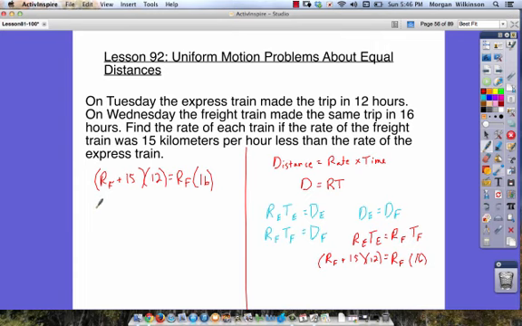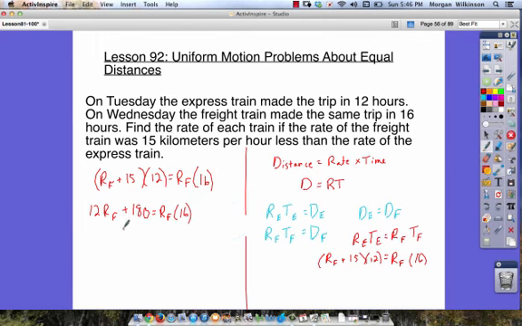We're going to use the distributive property to say 12 times the rate of the freight train plus 15 times 12. 15 times 10 is 150, and 15 times 2 is 30. So 150 plus 30 gives us 180 equals the rate of the freight train times 16. I'm going to erase our side work.